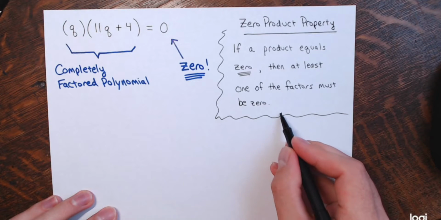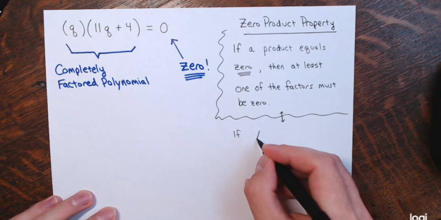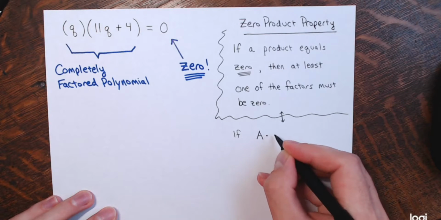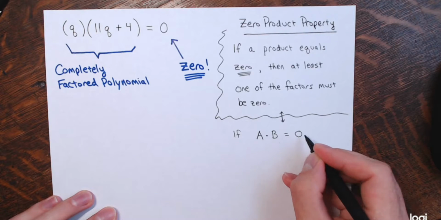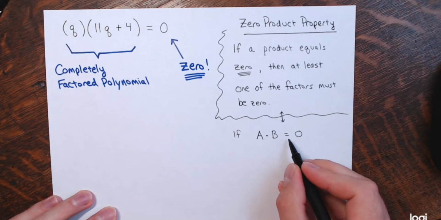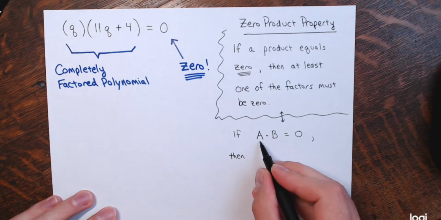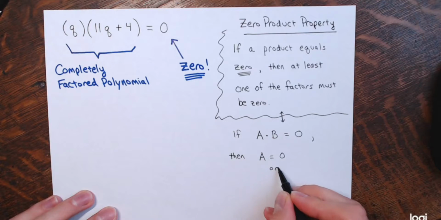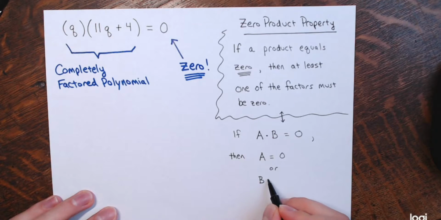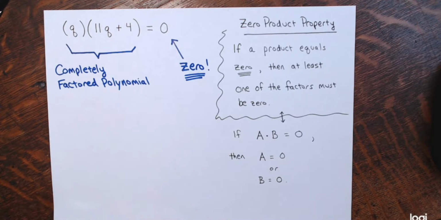Now I could also write this in symbols. If, say, A times B equals 0, I have a product equal to 0, then either the factor of A is 0 or the factor of B is 0, or both, but at least one of those factors of the product must be 0.